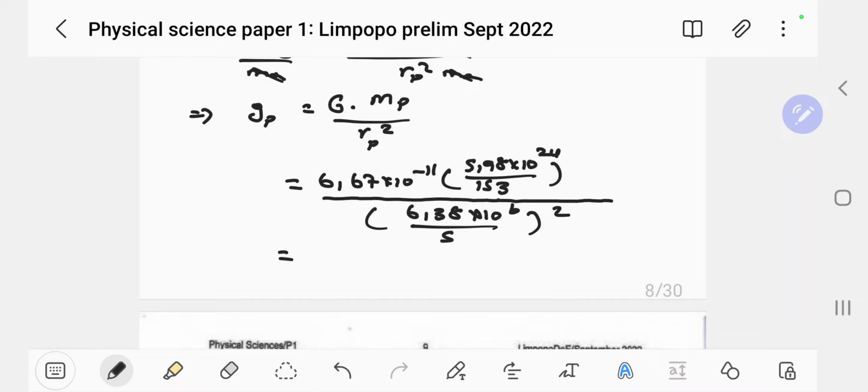Now we can just do our calculator gymnastics. How sweet. It is indeed sweet. So this is 5,98 times 10 to the plus 24, divide by 153, or is it 153?